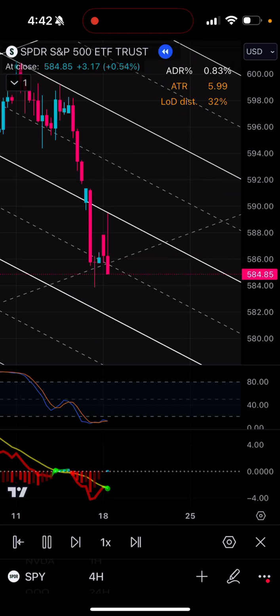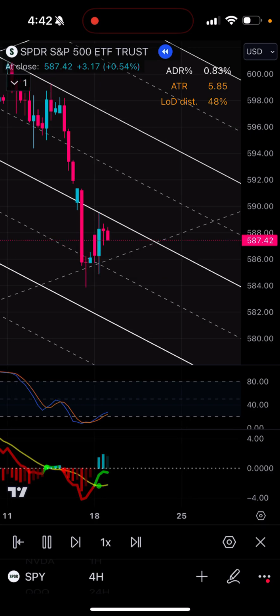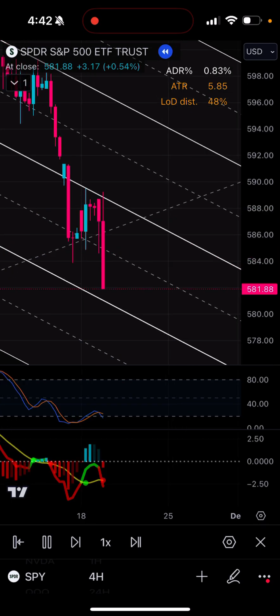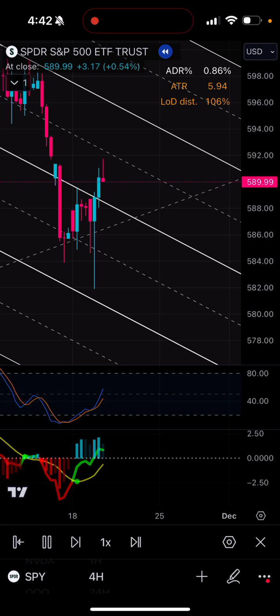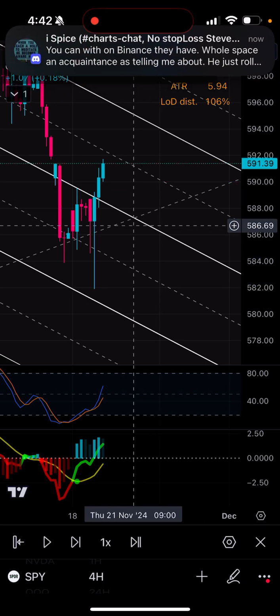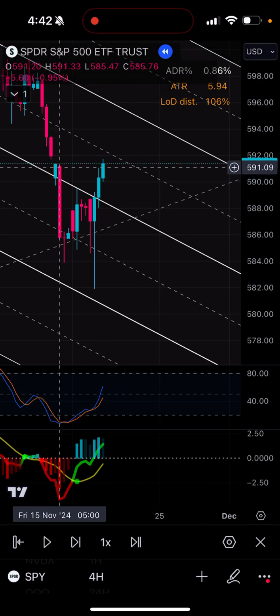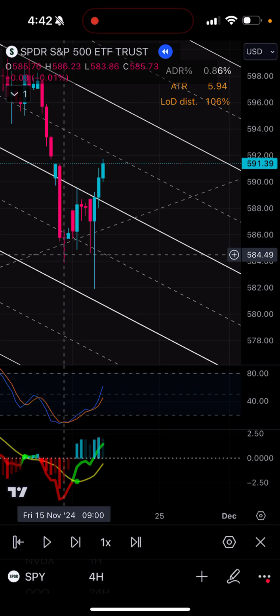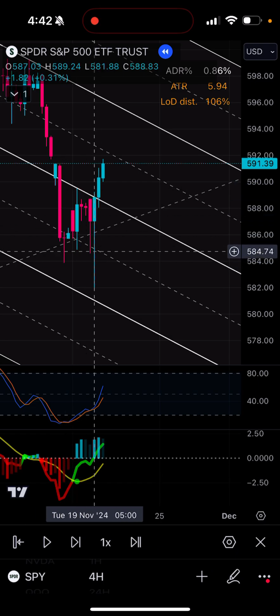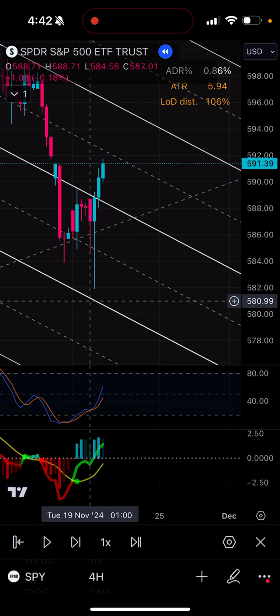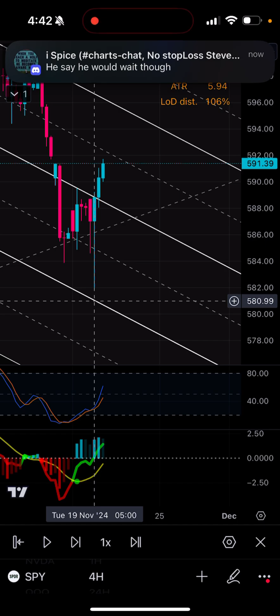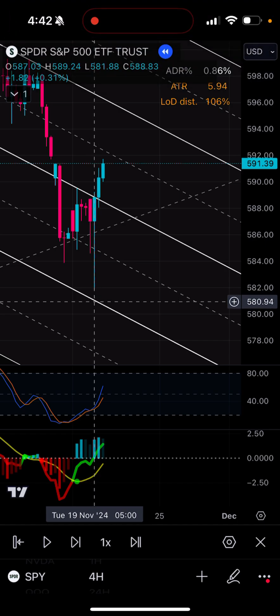So again, you had a super hard push down. My expectation, there you go, see, my expectation is that once you actually have a super hard candle like this, chances are you keep going lower. And again, what happened here? You came all the way back down, but you did not actually close under this.